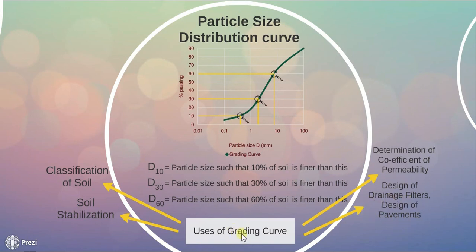By using grading curve, we can also know the susceptibility of a soil to the frost action or freezing action. By using grading curve, we can also know what the coefficient of permeability of the soil is. So these are the uses of grading curve or particle size distribution curve.